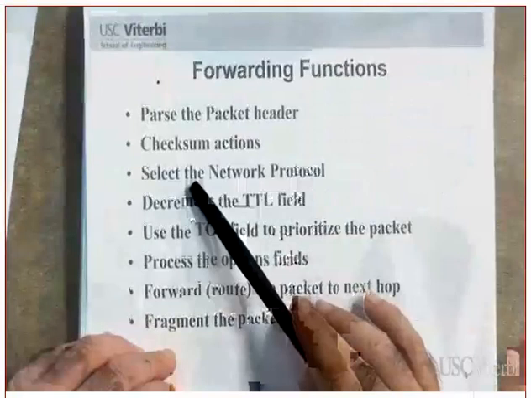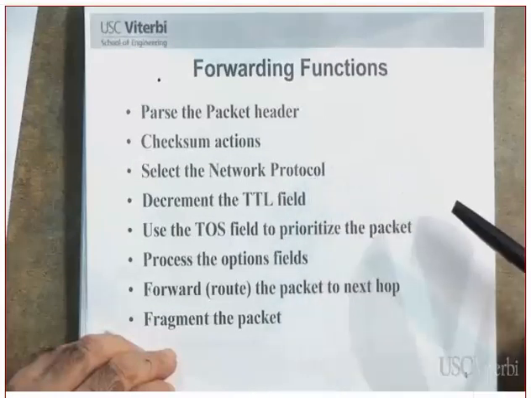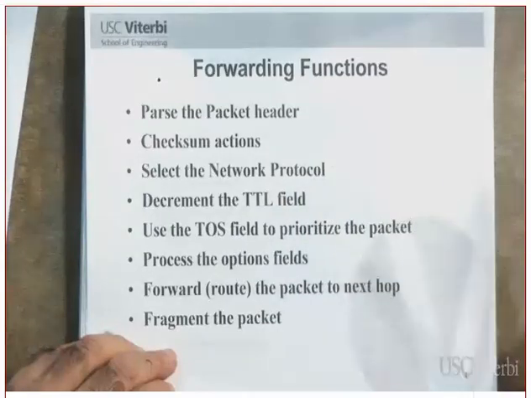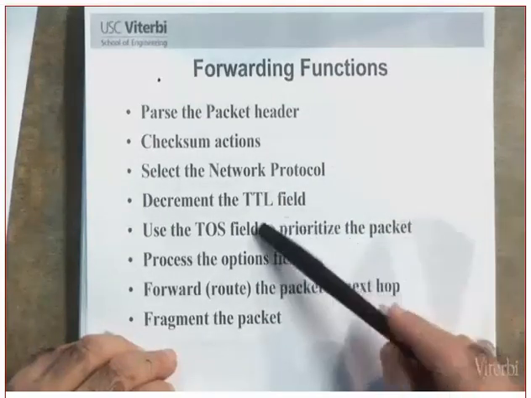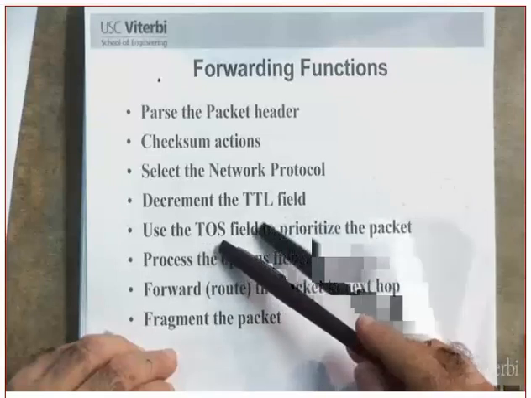Every time a packet goes through a router, the router will decrement the TTL field. Type of service field to prioritize the packets, to see what type of service each packet is, as well as processing option fields, forwarding the route to the packet, forwarding or routing the packet to the next hop. Also fragmenting the packet if it does not fit into the maximum transmission units of the frame.